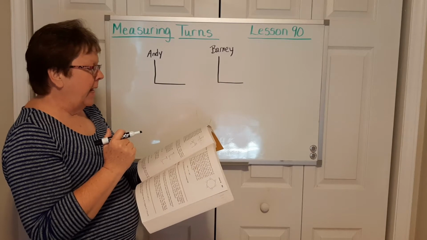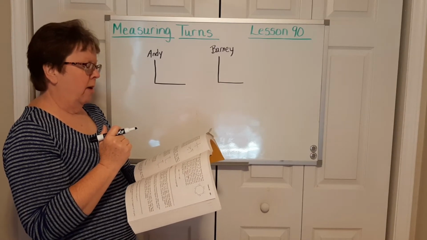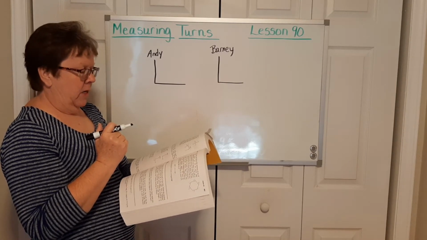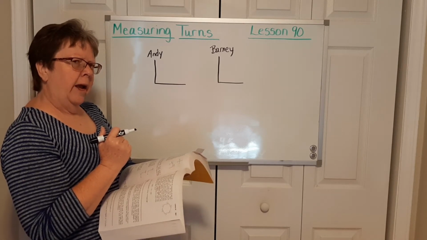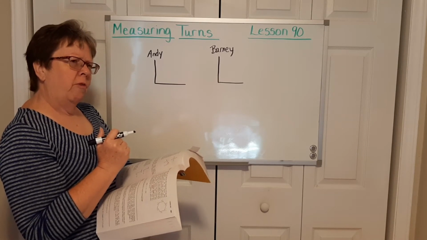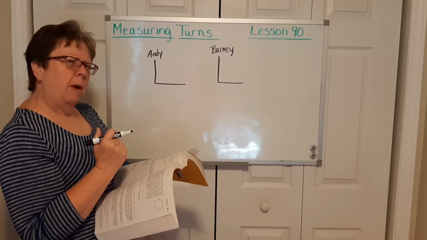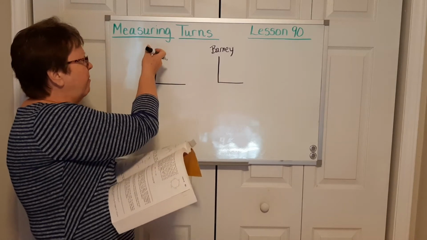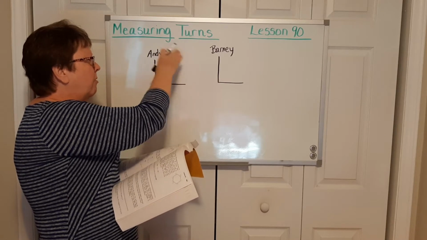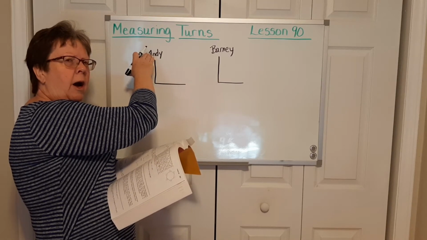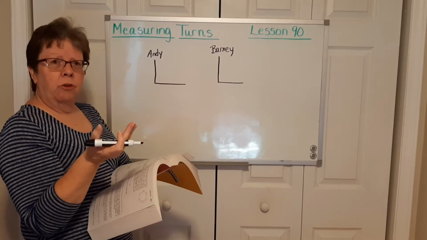Okay, Andy made a quarter turn clockwise. A quarter turn would be 1/4, but it would be 1/4 of what? See, if Andy was facing north and he went all around to face north again, that would be 360 degrees, right?